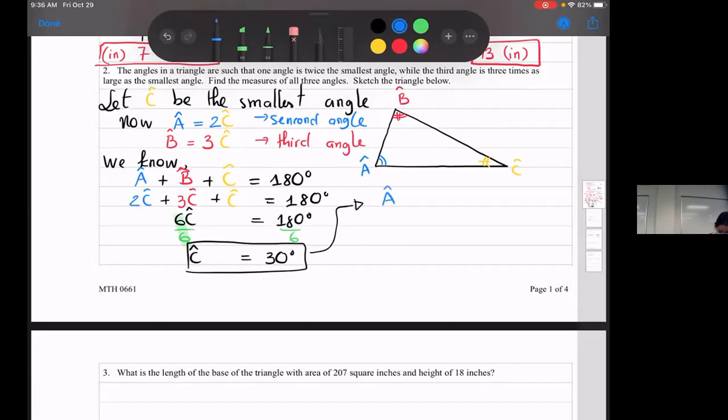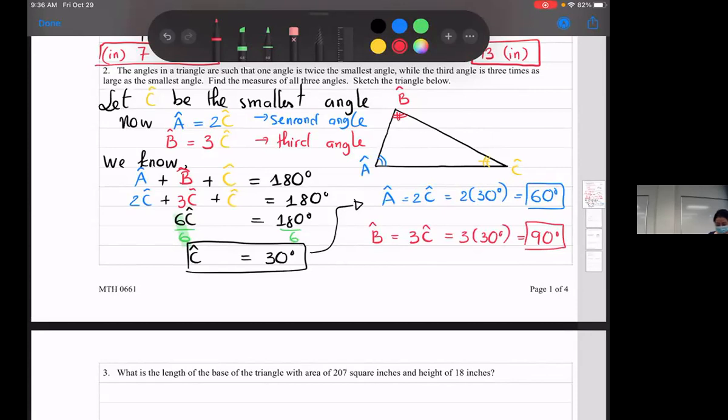A is 2C, which is 2 times 30, 60. And B is 3C, so 3 times 30, which is 90. And you gotta check, right? 90 plus 60 plus 30 is 180. So, checked.